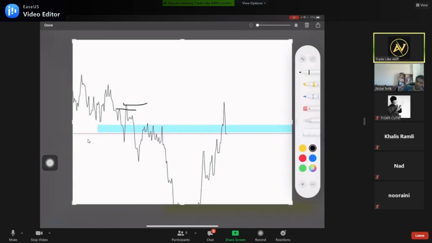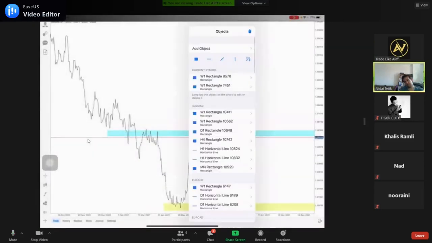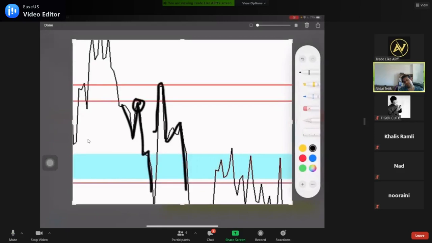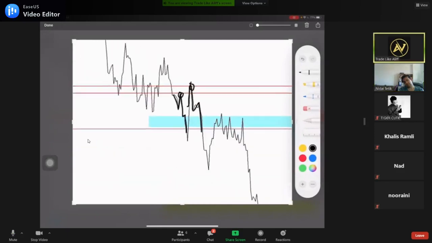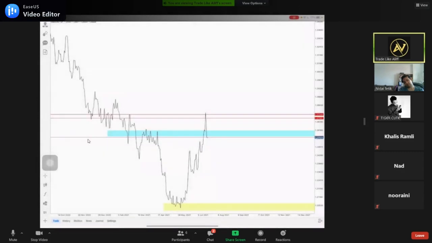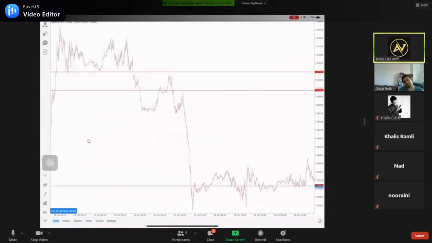Big movement only. Got it? You have to look above. So you cannot mark this one. You have to mark. Understand? Don't entry blindly.